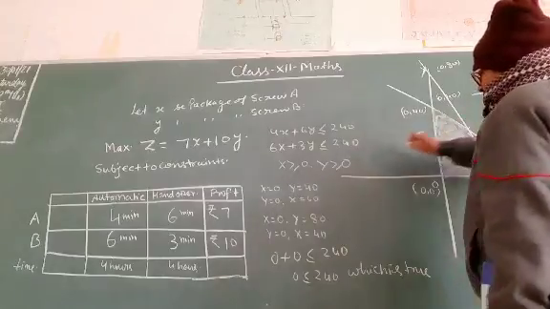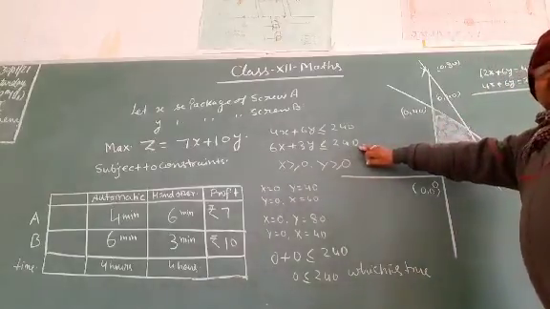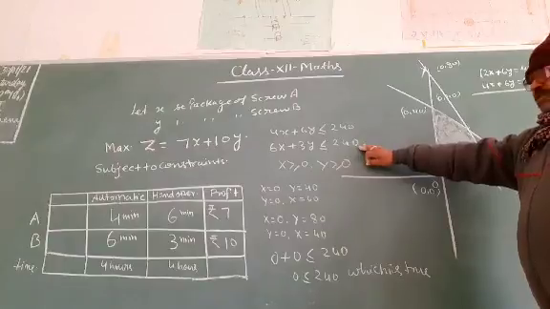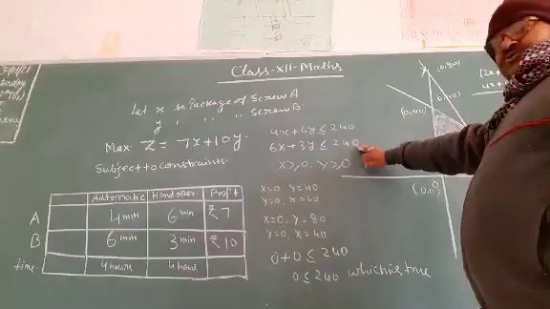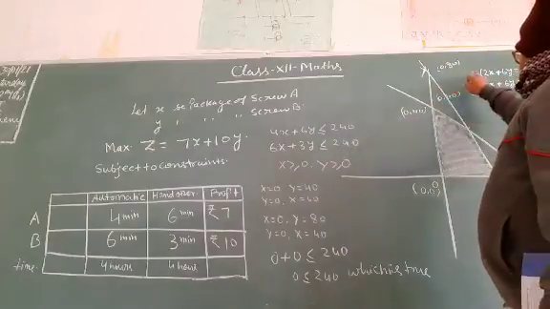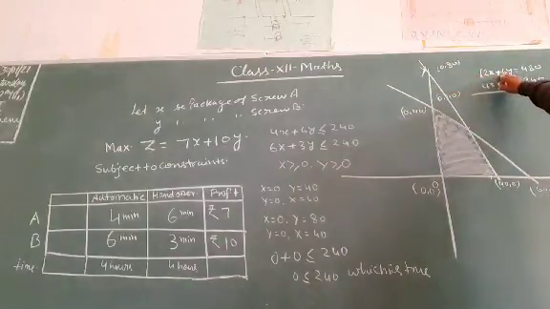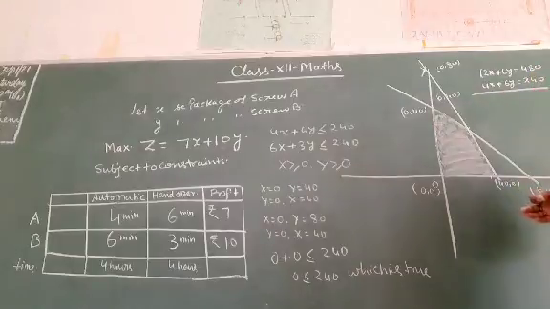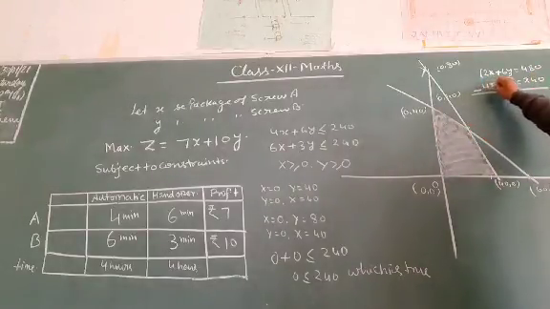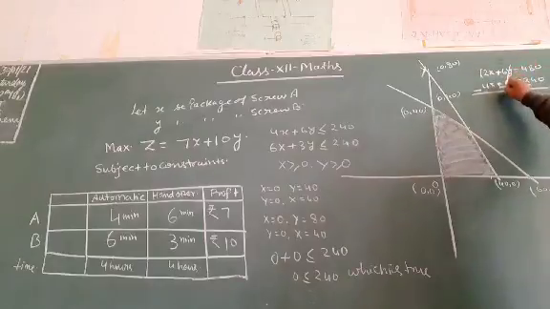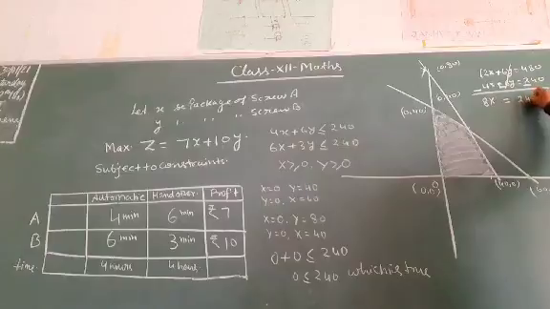Now we multiply equation number 2 by 2 and get 12x plus 6y equal to 480, and subtract equation number 1. We get 8x equal to 240 and x equal to 30.